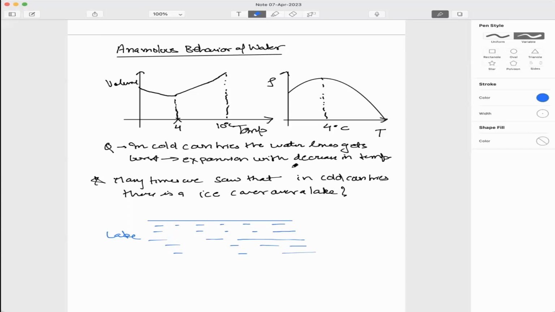Now what happens after 4 degrees? That was before 4 degrees. If you decrease the temperature further, we are taking it in the reverse direction.